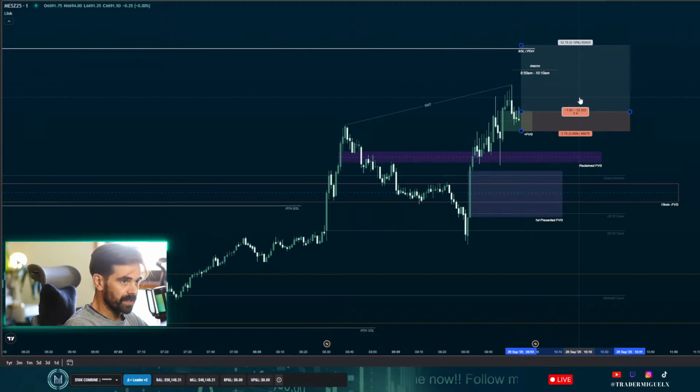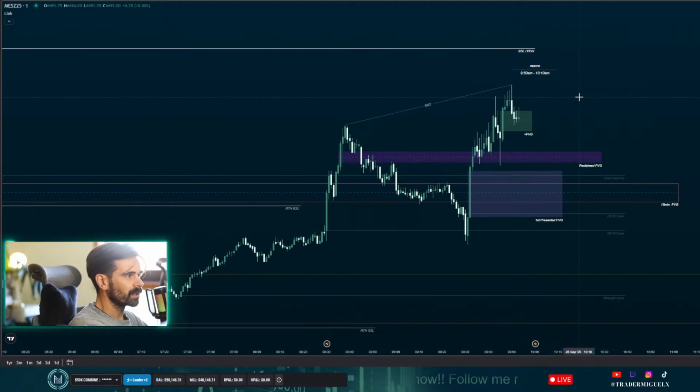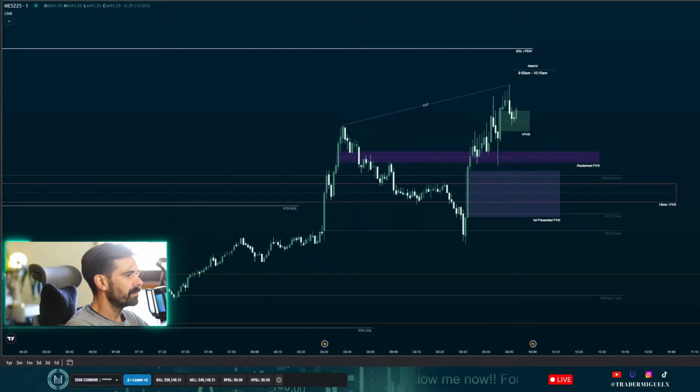Since NQ is kind of holding ES back, I will wait until something better and cleaner happens. But this is what I'm expecting here. I'm expecting the macro to give some fuel to the upside here.